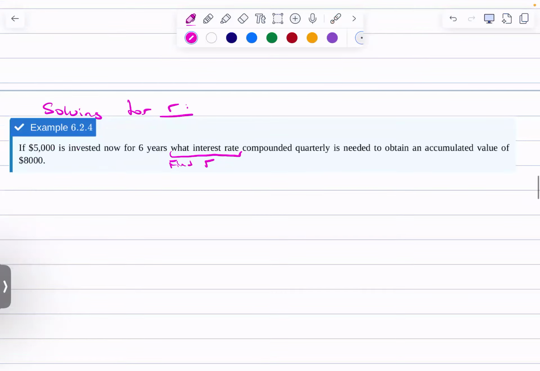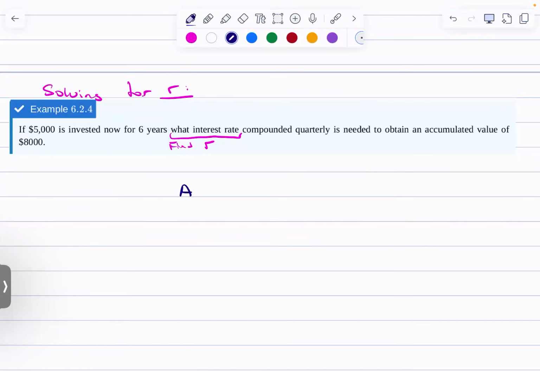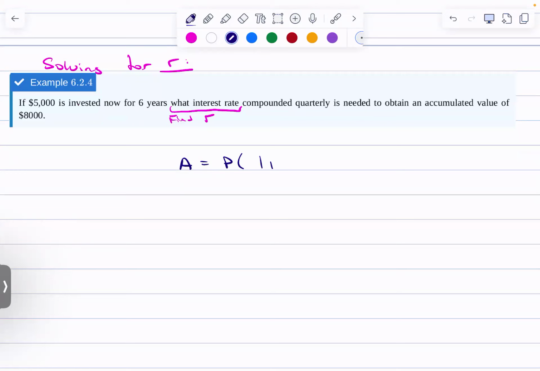So A is P times 1 plus R over N to the N times T. I want to isolate R. What I first need to do is get these brackets and the N times T power on their own by dividing both sides by P. Now, to get inside the brackets, I have to remove the power, and to remove the power, I need to take the root.